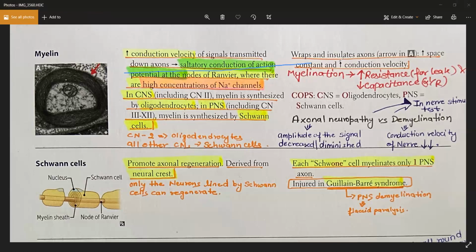Let us suppose this is a neuron, an axon part of the neuron, and I give the action potential here. Because of this action potential, the charges rise to this level.